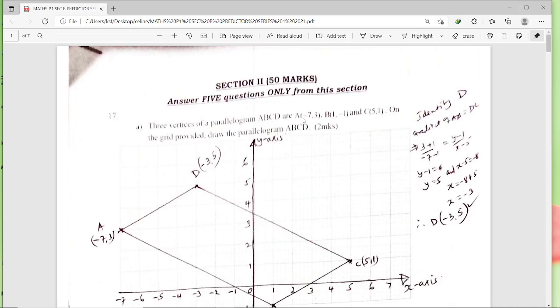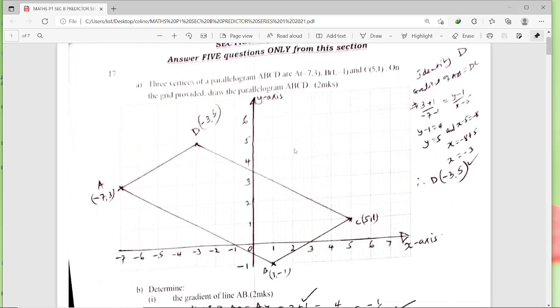Remember, a parallelogram is a four-sided figure. So you are not given point D, because you are given points A, B, C, and you need to find point D. But because you are told it's a parallelogram, if you draw AB, you realize that you'll also have a CD.